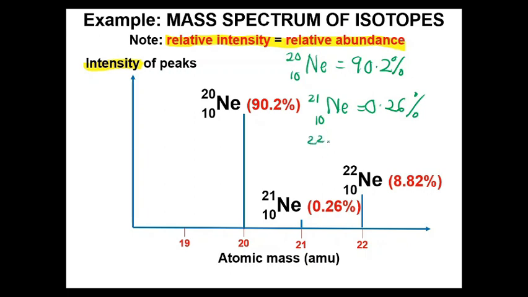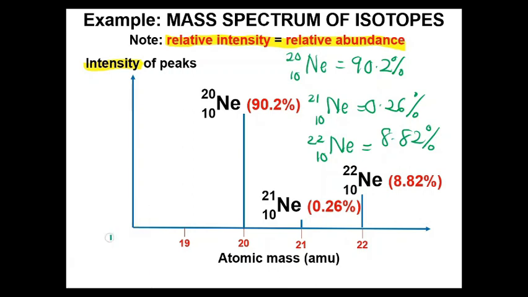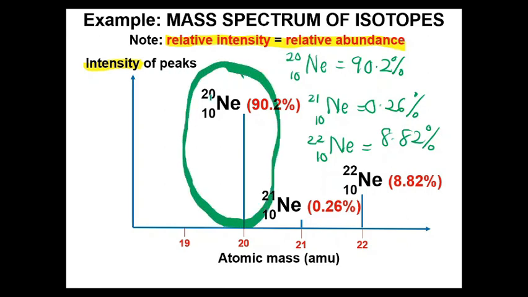For 22 neon, that would be 8.82%. Which one is the most abundant isotope for neon? Yes, that would be the highest peak in the mass spectrum, which is 20 neon.